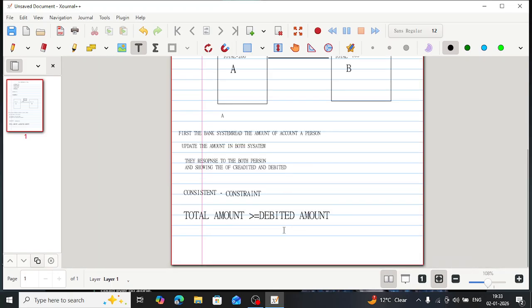In the first step the bank system does not allow the transaction, because this constraint is not followed. This is handled by the consistency property.